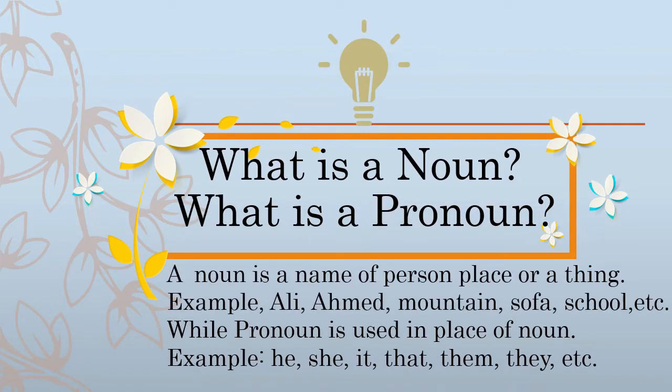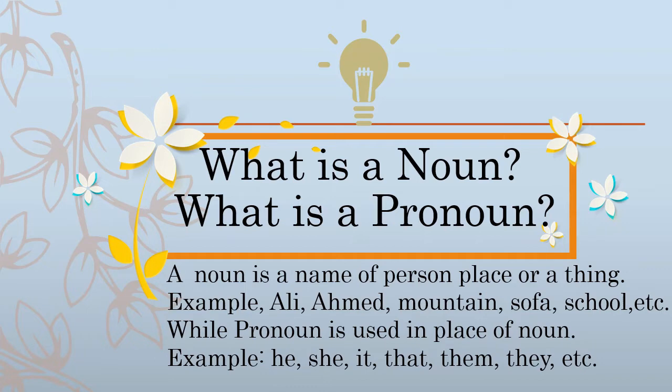You must have learned about a noun and a pronoun in your previous classes. Let's revise. A noun is a name of person, place, or a thing. For example, Ahmed, table, Islamabad.